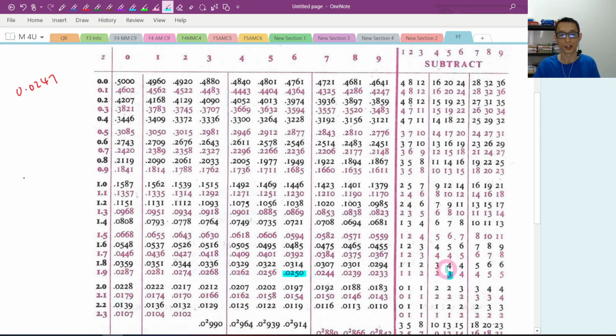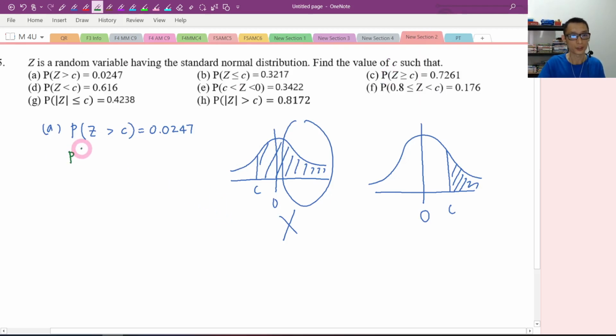So our answer will be 1.965. So the probability for Z greater than 1.965 is equal to 0.0247 as well. And then by comparison, we know C is equal to 1.965. This is the answer for this part.